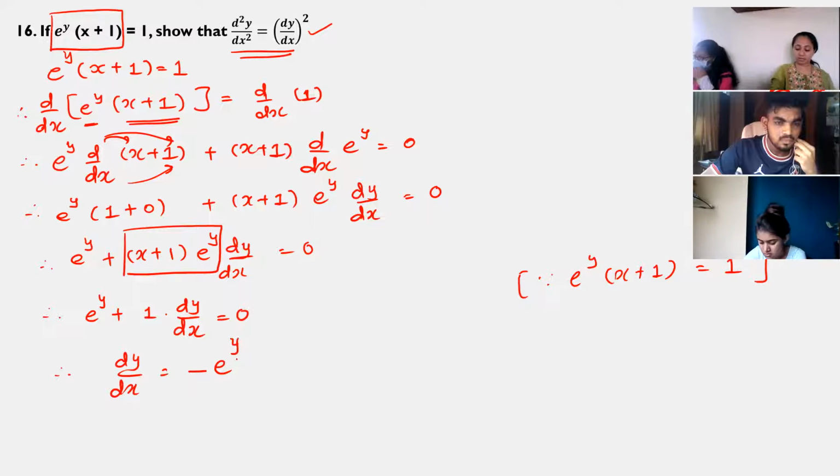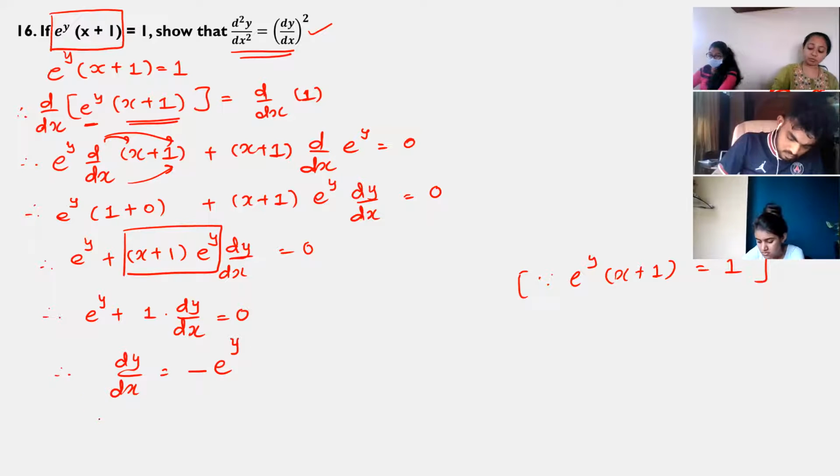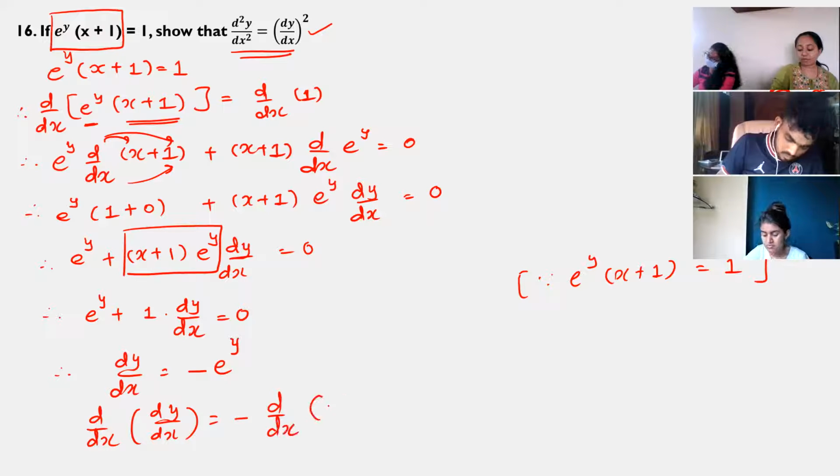e to the power y goes to that side and becomes minus. But I have to find the second order derivative, so differentiating both sides with respect to x: d by dx of dy by dx equals minus d by dx of e to the power y.